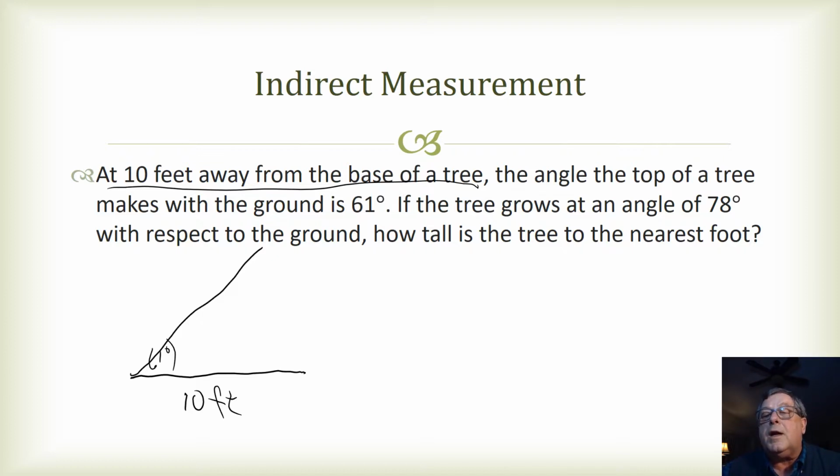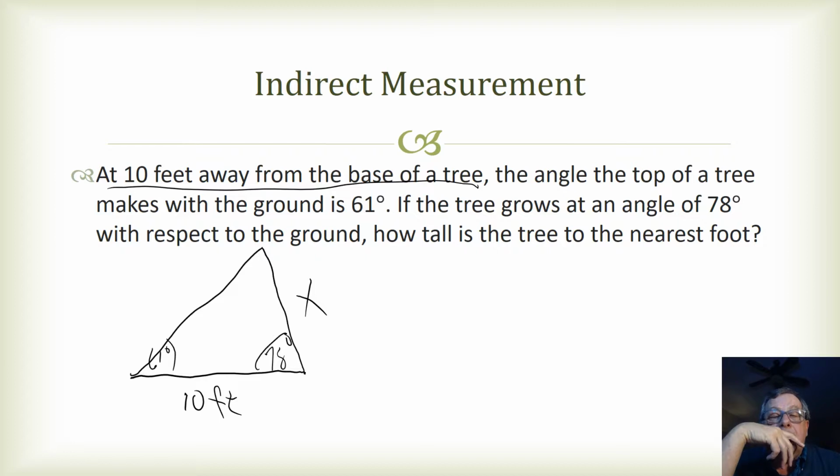So it's not straight up and down, is it? It's got kind of an angle here. So I'm going up here to the top of the tree, and this angle is 78 degrees. And I'm asked to find how tall this tree is. So I'm asked to find x.